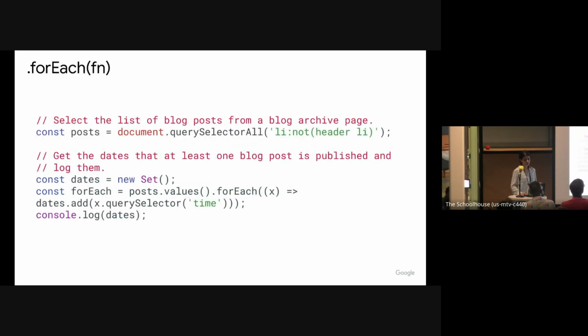forEach is actually called for its side effect, and it returns undefined. So in this example, we have a list of the blog posts in an iterator, and by calling forEach, we get the dates that they're published, and save them in a set, and we just log them here. So the forEach actually returned undefined here.